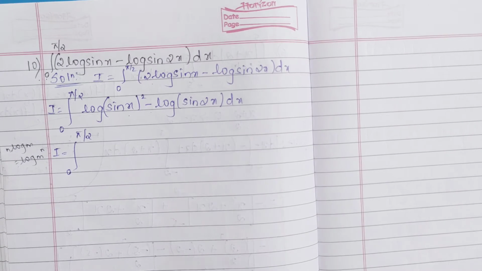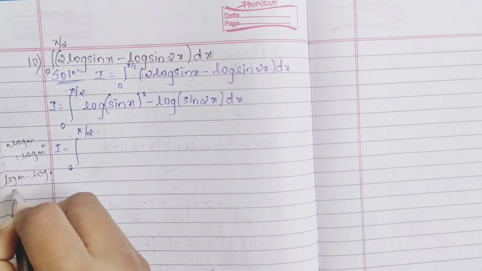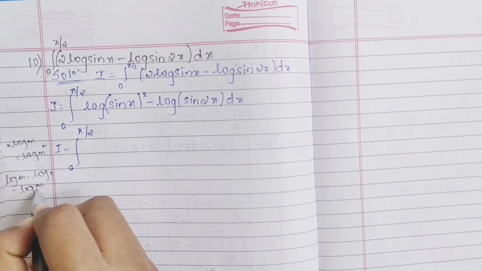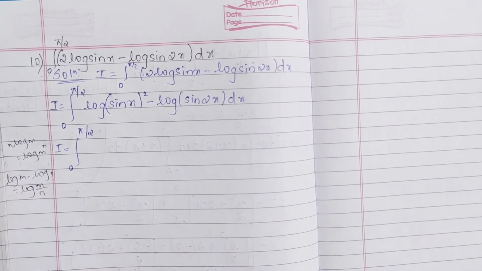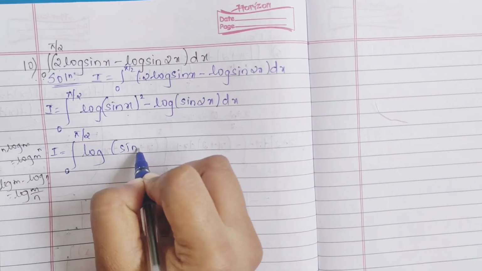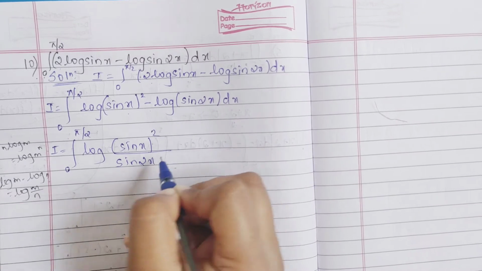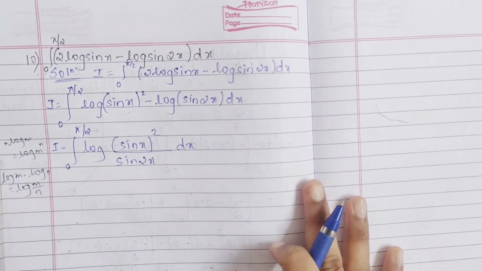So it is log m by n, right. Log m minus log n is equal to what? Log m divided by n. So the same we will write like this only, log of sin x whole square divided by sin 2x. Okay, we have written like this.